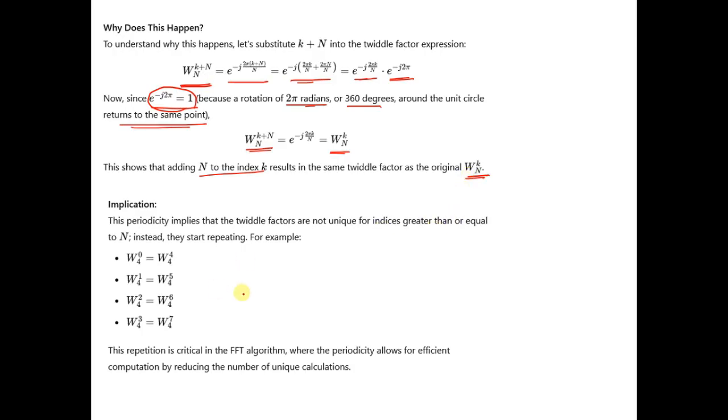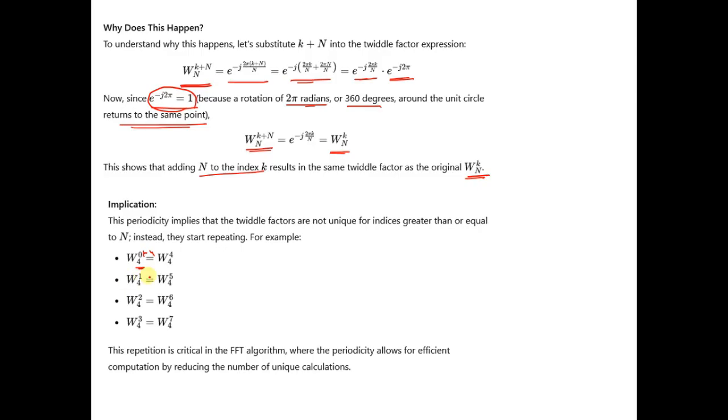Okay, what is the implication? If you are talking about a 4-point DFT, W_4^0 would be equal to W_4^4. So 0 plus 4 will be 4. So W^0 will be equal to W^4.